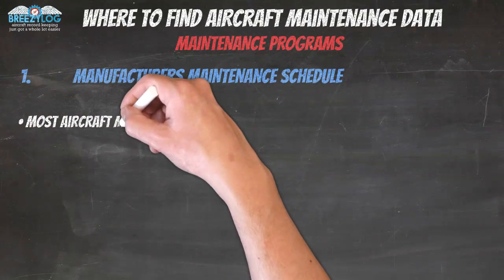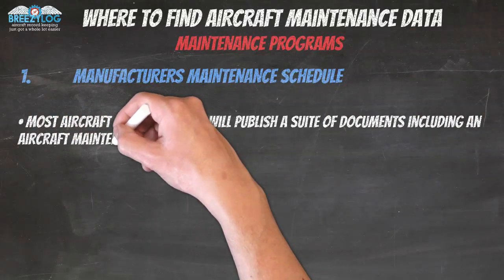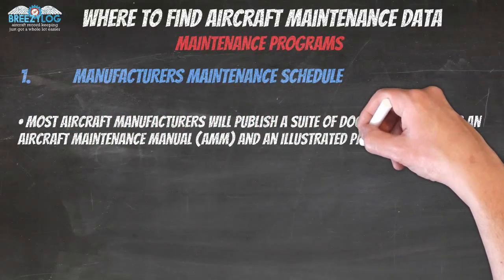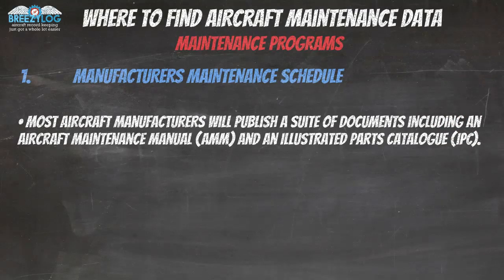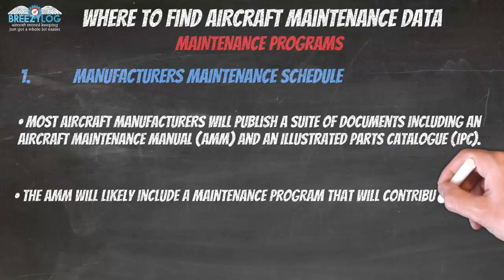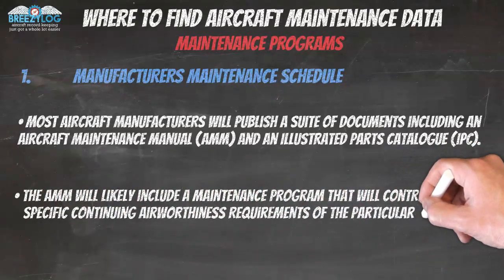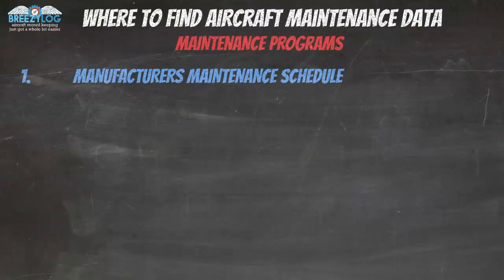Most aircraft manufacturers will publish a suite of documents, including an Aircraft Maintenance Manual, AMM, and an Illustrated Parts Catalog, IPC. The AMM will likely include a maintenance program that will contribute to the specific continuing airworthiness requirements of the particular aircraft.